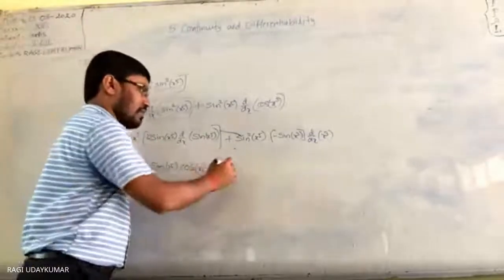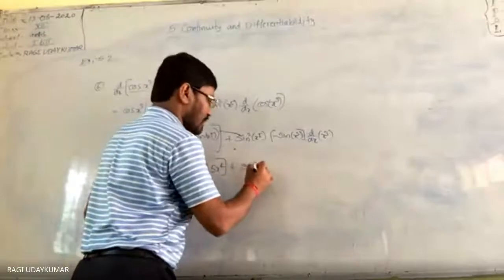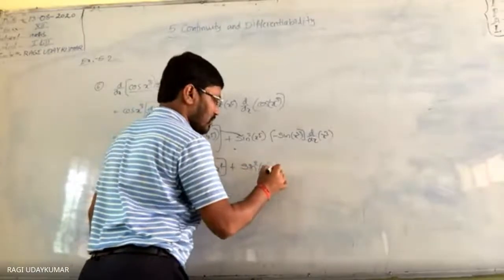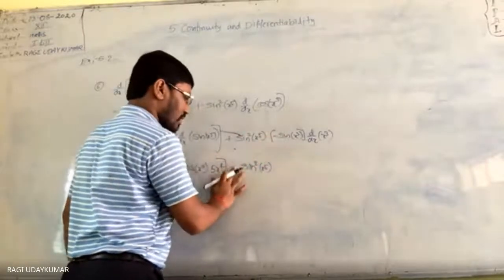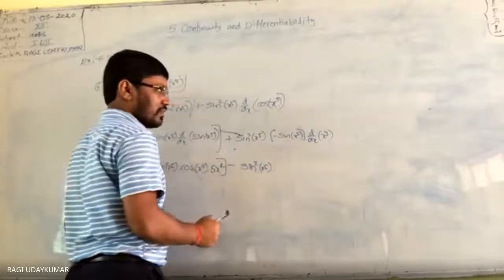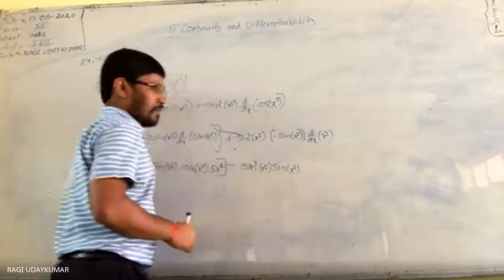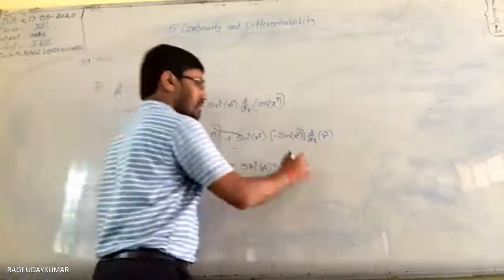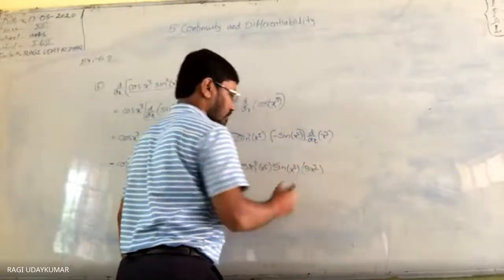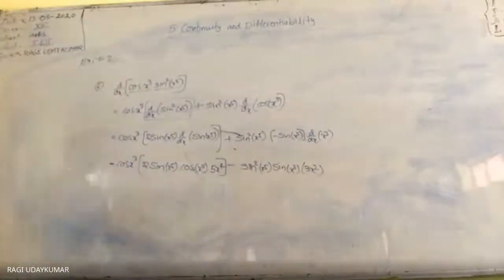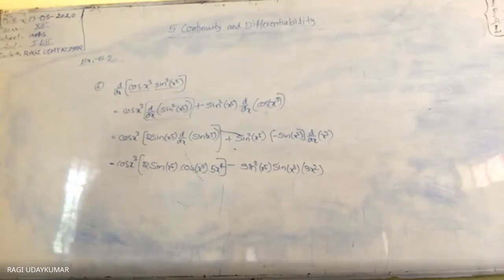Here, and plus sin square x to the power of 5, this plus with minus becomes minus, so you can write this as a minus. And sin x cube, the derivative of x cube is 3x square. That's all. This is the final answer for this one. Did you understand?